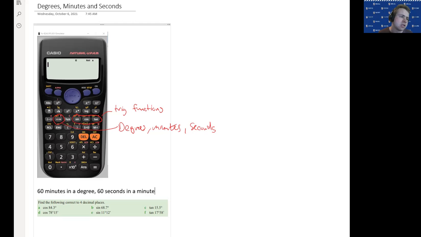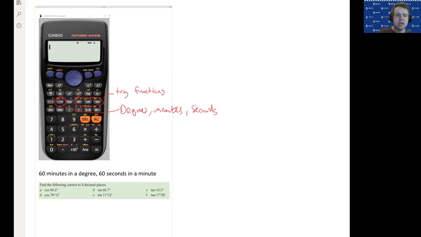It's partly traditional, but also 60 is a much better number for dividing into fractions than 100. You might think, why don't we just use decimals all the time? There are some benefits of using 60. You can divide 60 by 2, 3, 4, 5, or 6 without getting any fractions, whereas with 100, you can't do that.